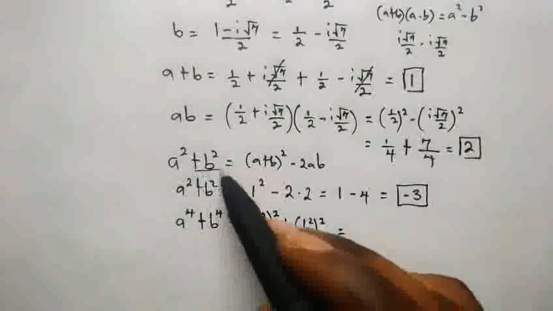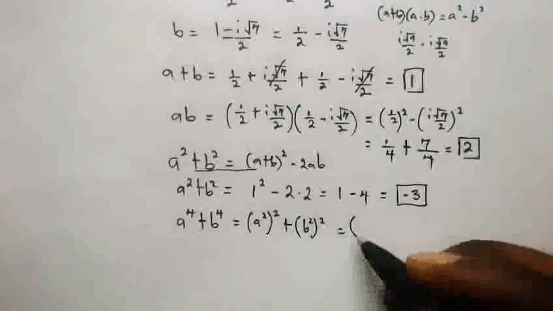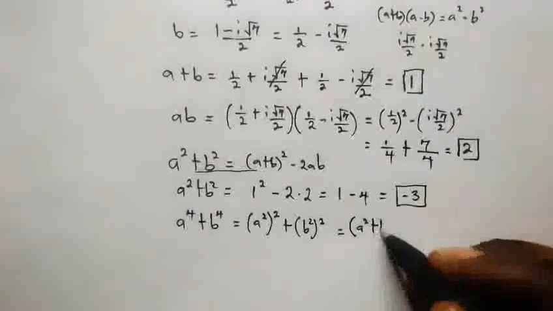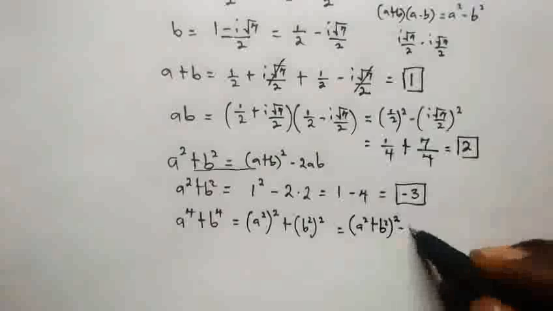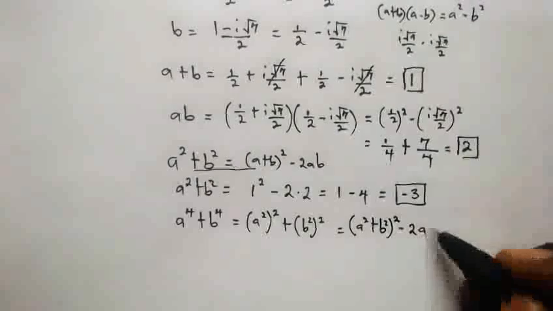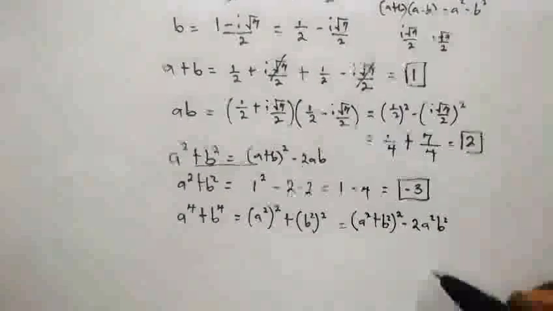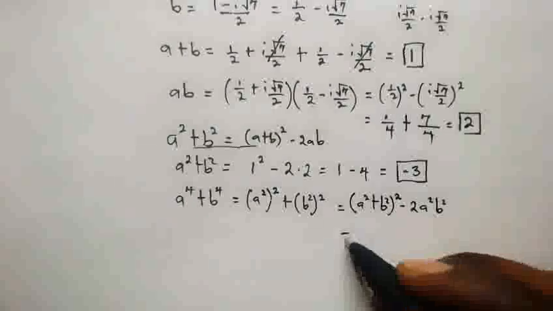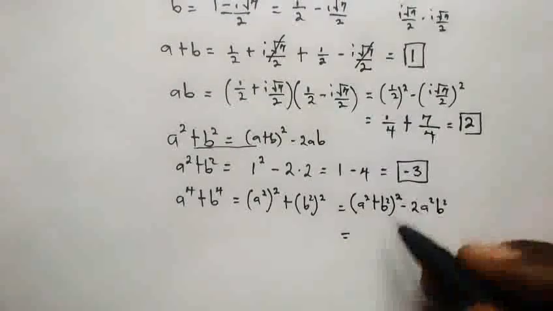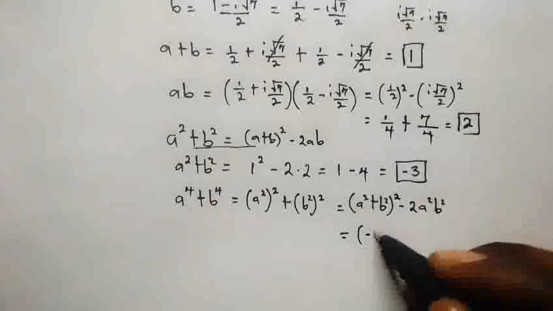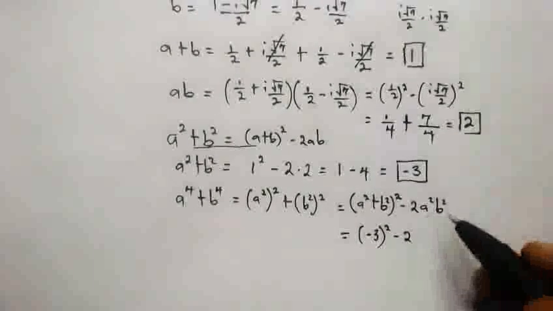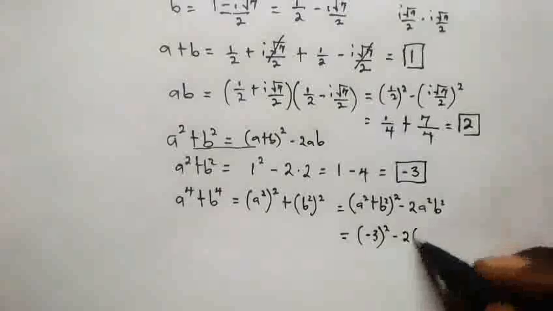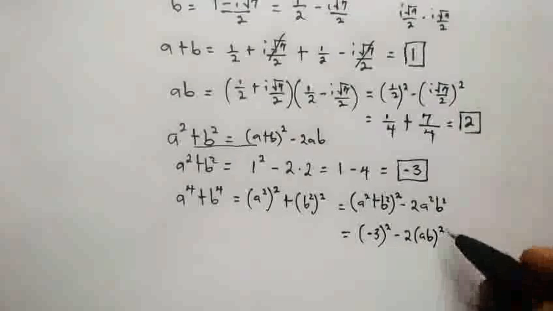Making use of this property, we have (A² + B²)² − 2A²B². A² + B² is -3, so we have (-3)² minus 2 times, and A²B² is the same as (AB)².